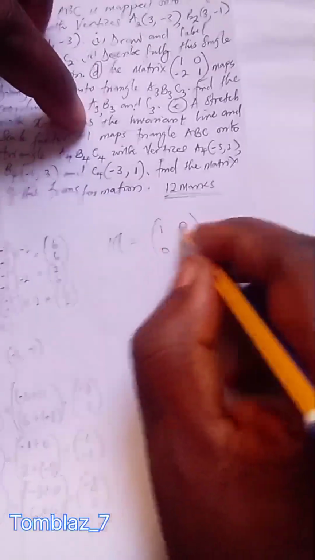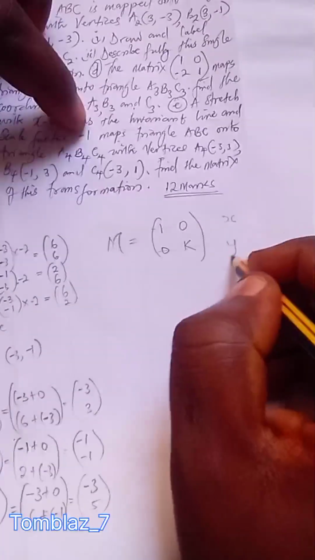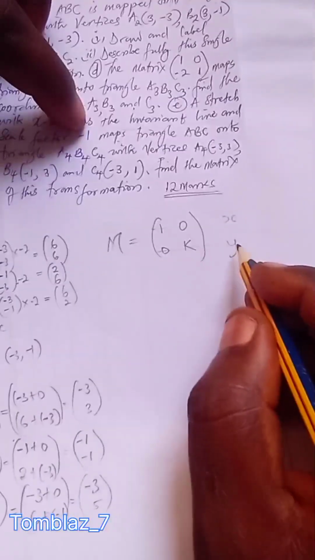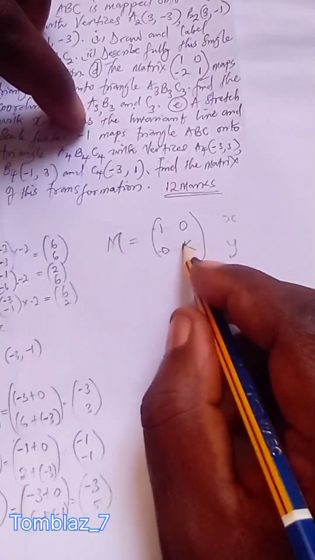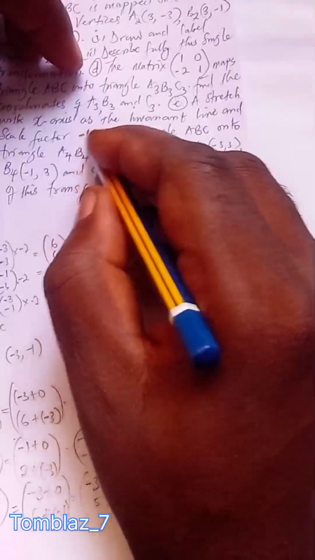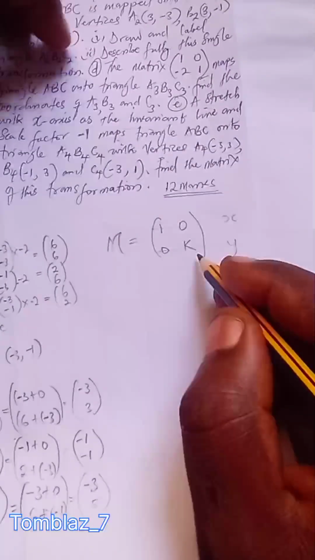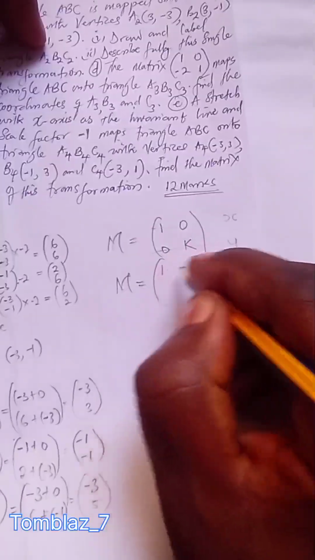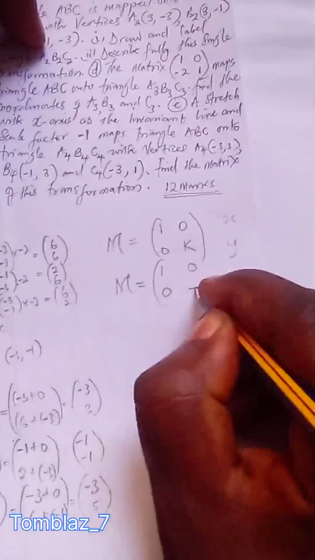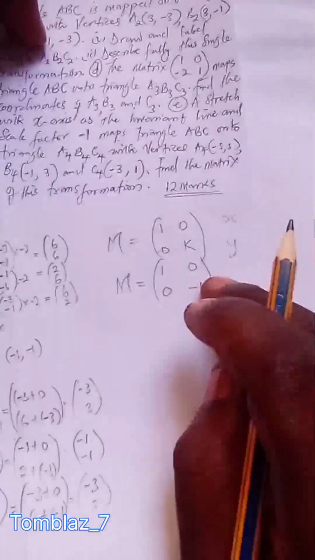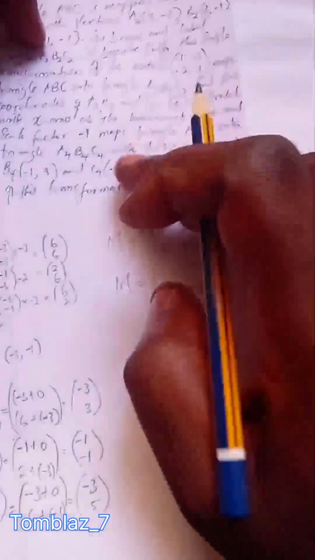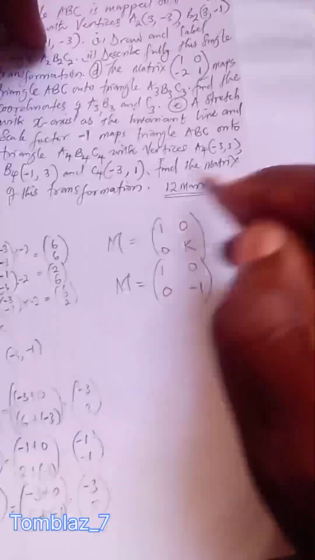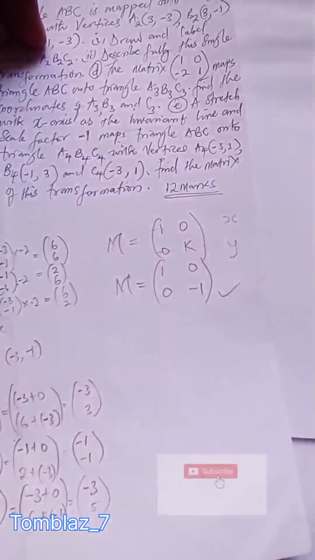So if this represents X, this represents Y, this doesn't change, so it remains 1 and 0. But Y changes, that's why there is this value given, which the scale factor will take, right? So the final matrix is 1, 0, 0, and -1. This is what they want us to look for, right? They say we should find the matrix of the transformation. So this is the matrix of the transformation.